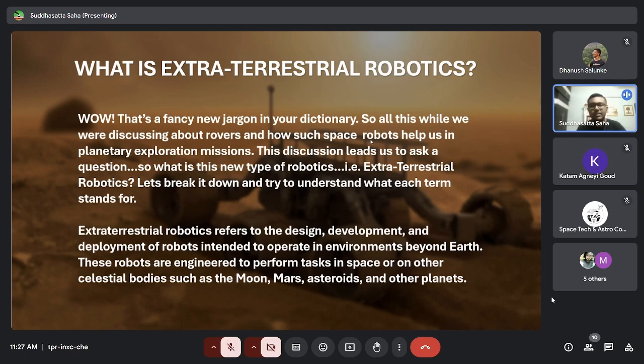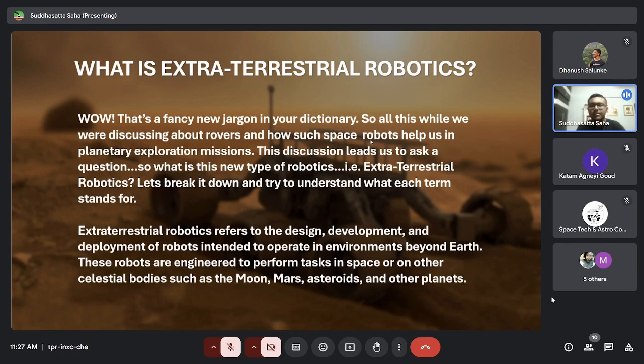So extraterrestrial robotics indicates the design, development, and deployment of rovers or robots in space, outside Earth and its atmosphere. So in simple words, we can say that this is space robotics.